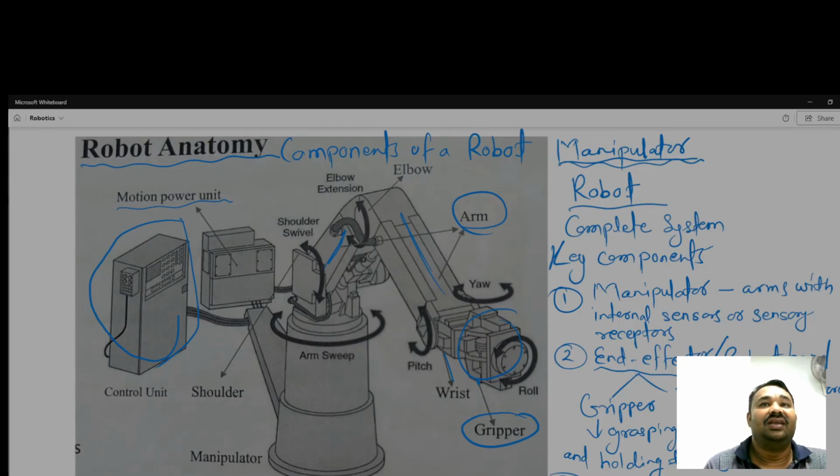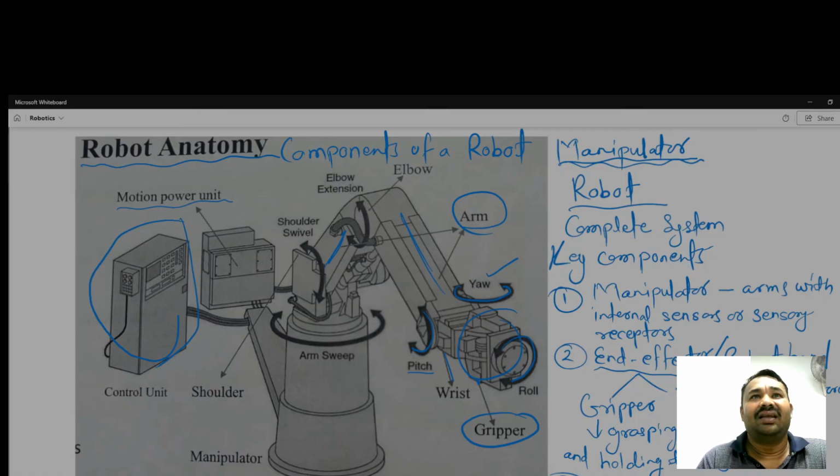You can see here at the end the motion of the robot: if this kind of rotation is there, then it is known as yaw, and pitch here, see the rotation, and see the roll here. You can visualize these motions with the help of helicopter motion: going up, going down, taking a turn on its axis, left and right.